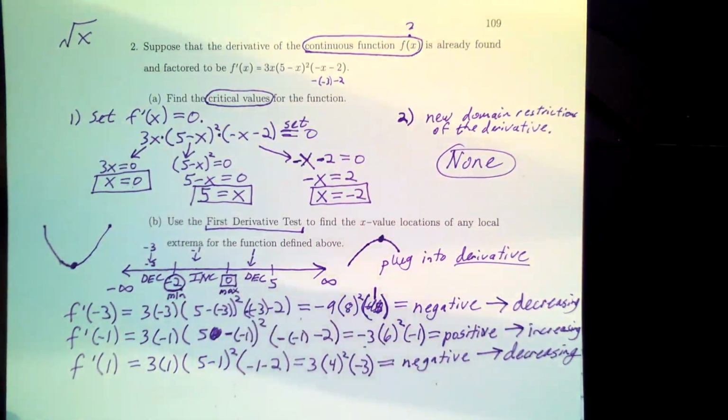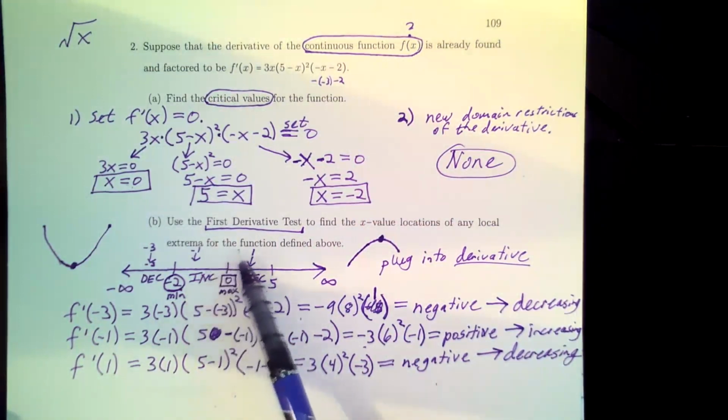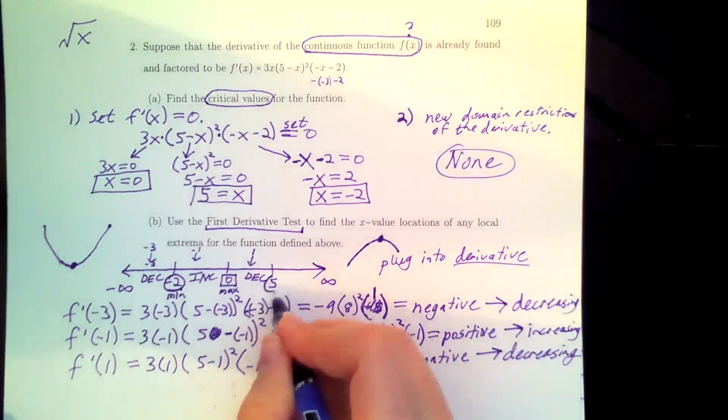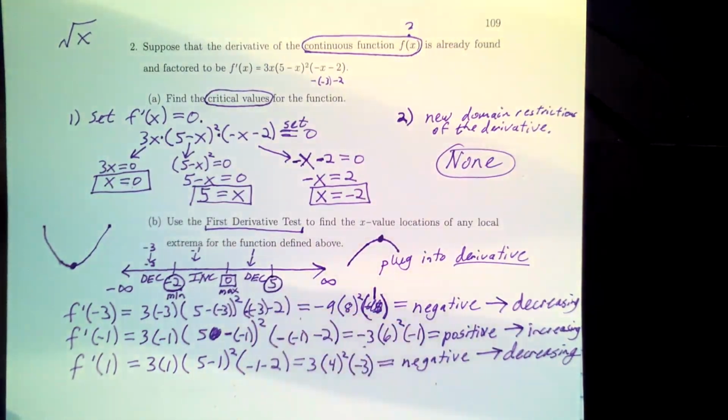It's kind of neat that you can use the derivative to figure out what's going on with the original. My function's going up, and then it's going down. So it has to correspond to a max there. Let's figure out what's going on with our last critical number, our last runner-up, 5.